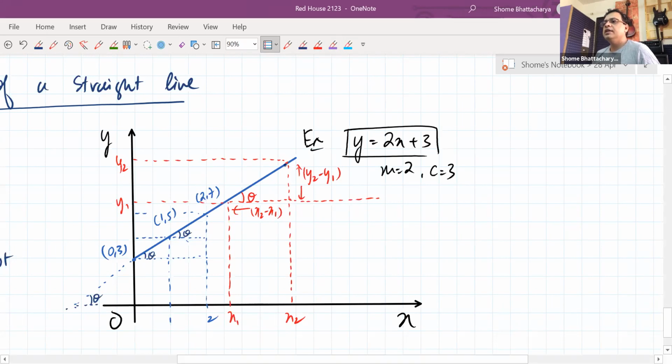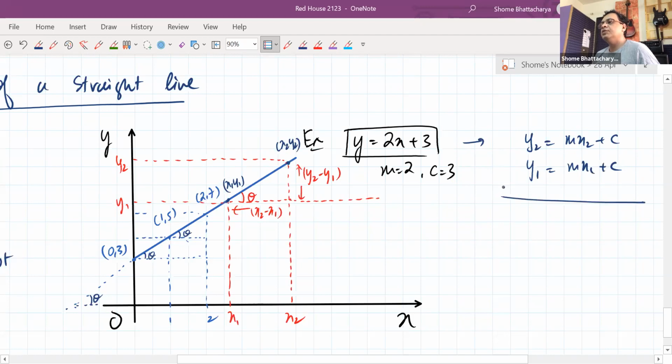Now you can see that any point that we take over here, which is x2, y2, and similarly any point here, which is x1, y1, satisfies the equation that y2 is equal to m times x2 plus c, and y1 is equal to m times x1 plus c. If you just subtract these two, you can see y2 minus y1 is equal to m times x2 minus x1.